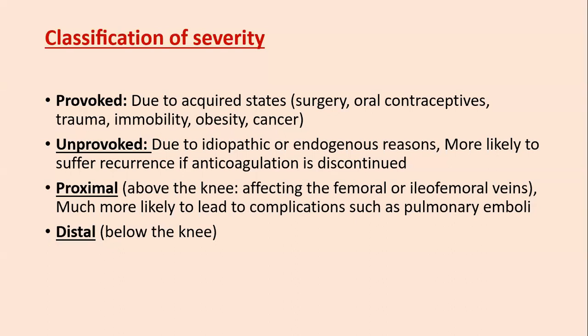Then proximal, above the knee affecting the femoral or iliofemoral vein, much more likely to lead to complications like pulmonary emboli. So if it is above-knee DVT, there are more chances of pulmonary emboli, and then distal, below the knee. So you can classify the DVT as provoked or unprovoked, and proximal or distal.